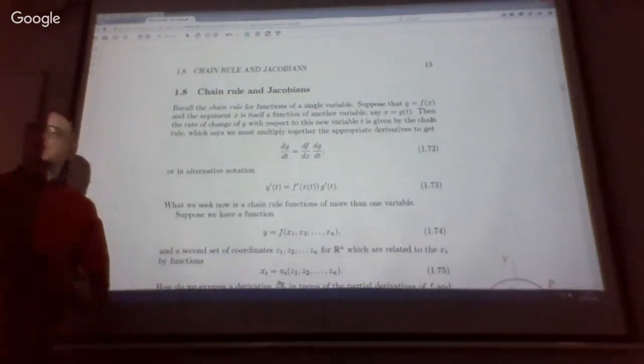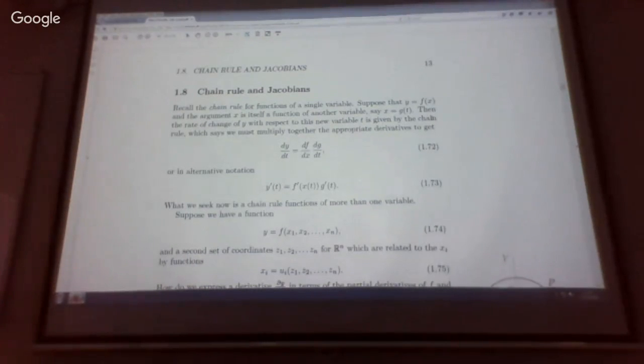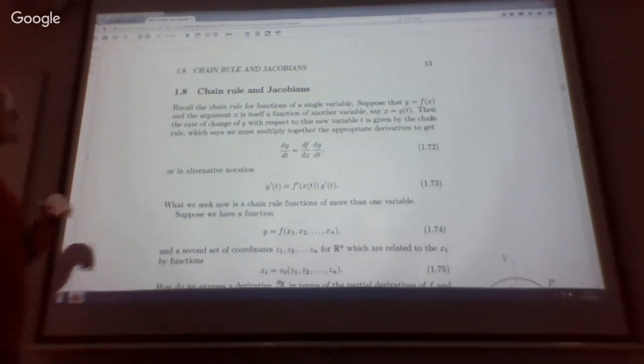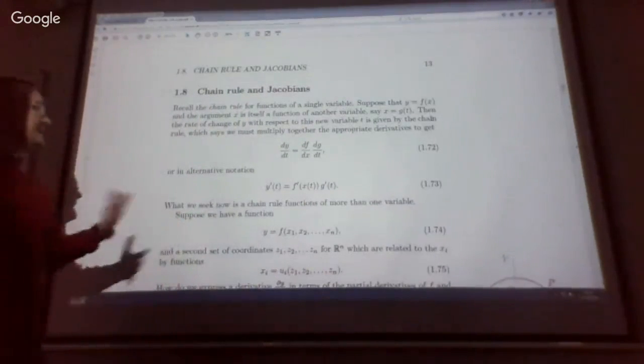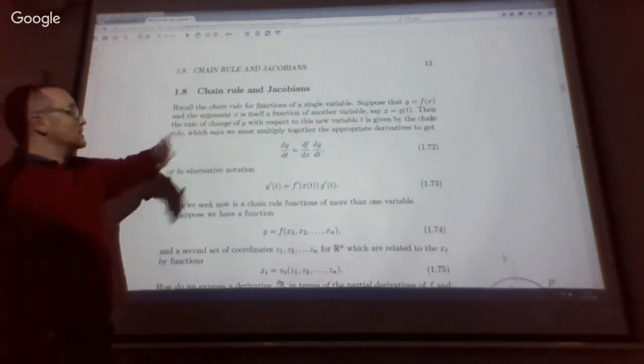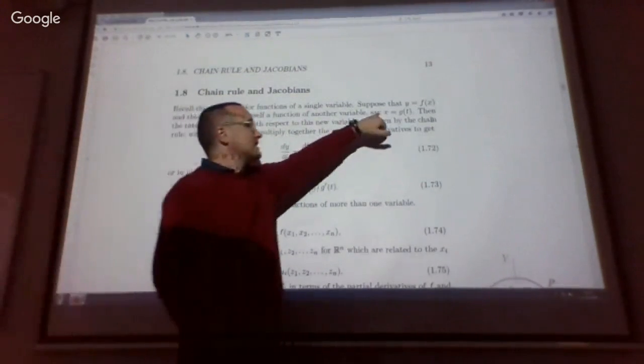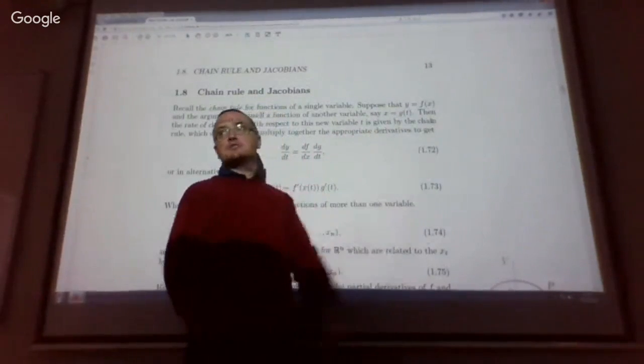But the chain rule is something that allows you to take the derivative of a compound function. A complicated function, which is the composition of two or more simpler functions. Okay? So some situation where you've got y as some function of x, but then x isn't just a kind of atomic variable itself. Maybe we have x expressed as some function of another variable t.